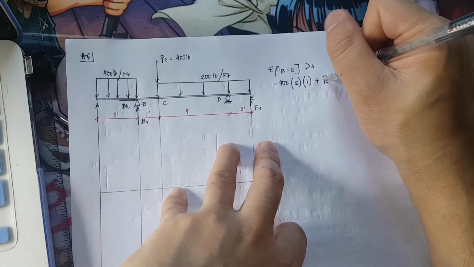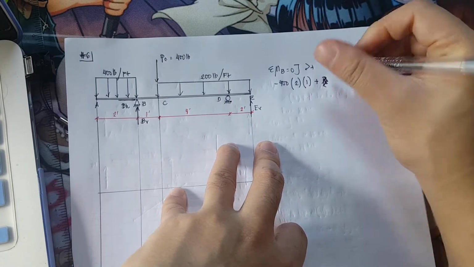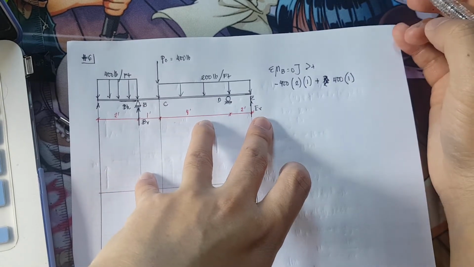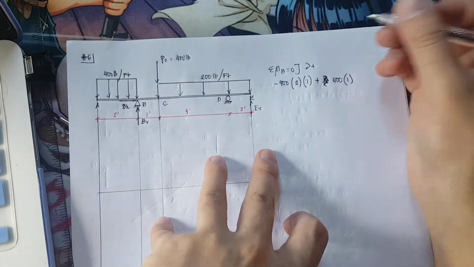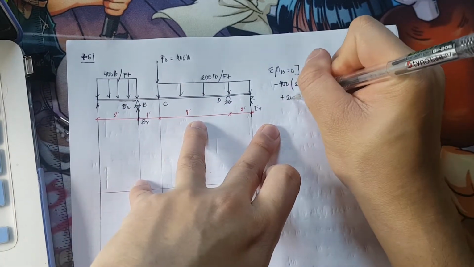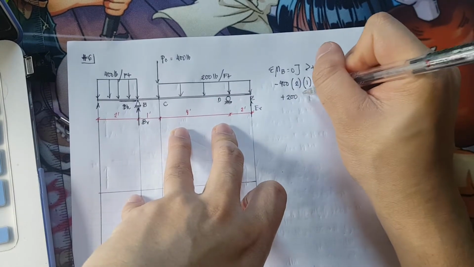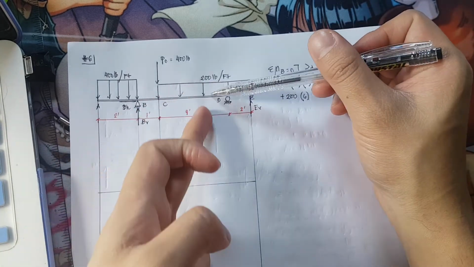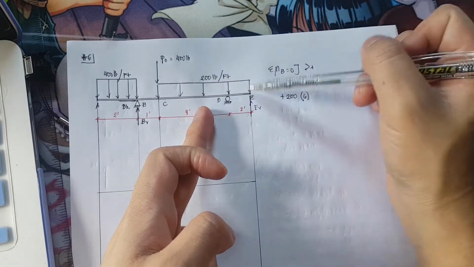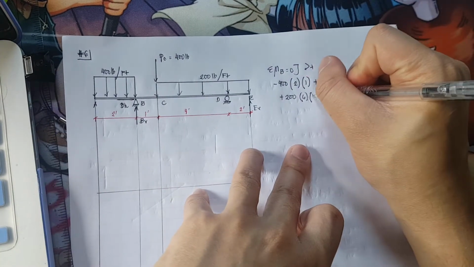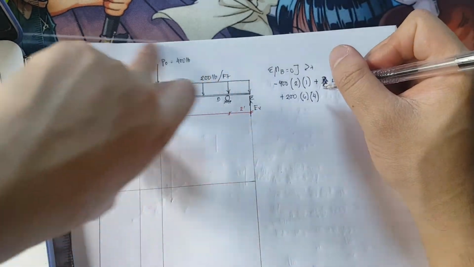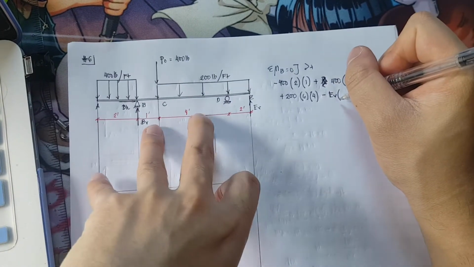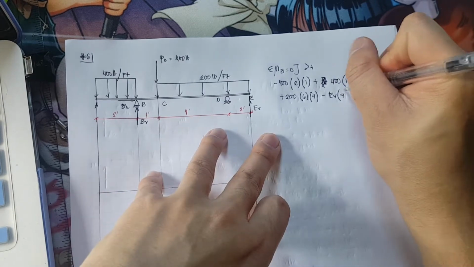Let's substitute it. Plus 400 times a lever arm of 1, minus, still it is plus. So plus 200 times a distance of 6 feet, and the lever arm is, take note, it is acting at 3 feet for the distance of 6 feet plus 1, so the lever arm is 4. Then E vertical would be rotating counterclockwise, so that is negative E vertical times a lever arm of 7 feet.